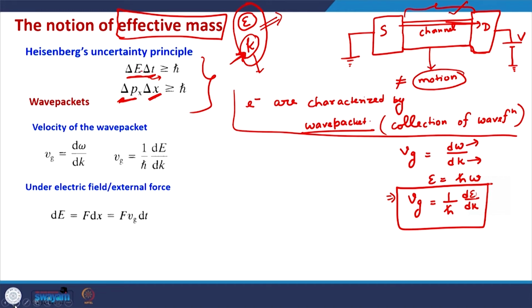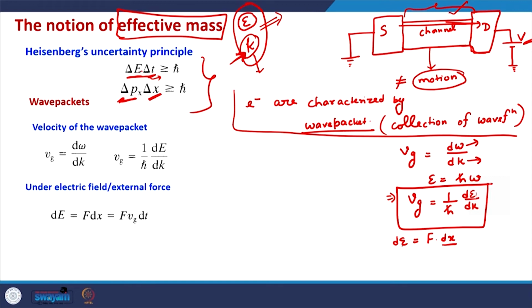If we apply a force F by virtue of an applied voltage using a battery, the amount of work done by this force will be F times dx, where dx is the displacement of the electron. This will also be the change in energy; the amount of work done will be equal to the change in energy of the electron.